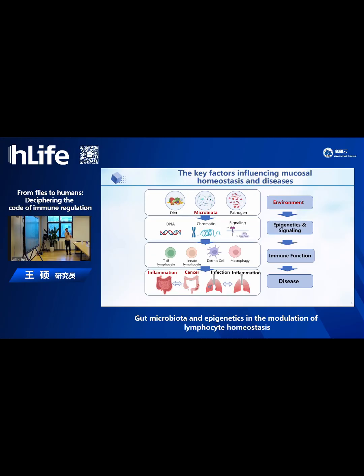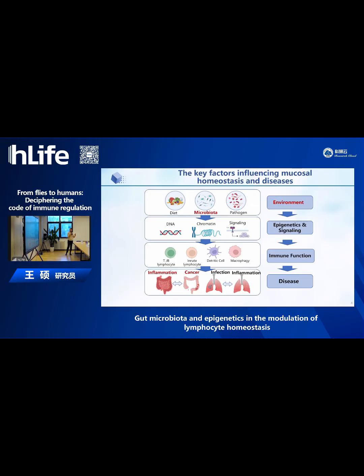Then the function of the immune cells will change, and they regulate disease progress. An imbalance of the immune system will lead to inflammation, or inhibition of the immune system will lead to cancer, etc. So this is signaling from the outside to the inside pathway.